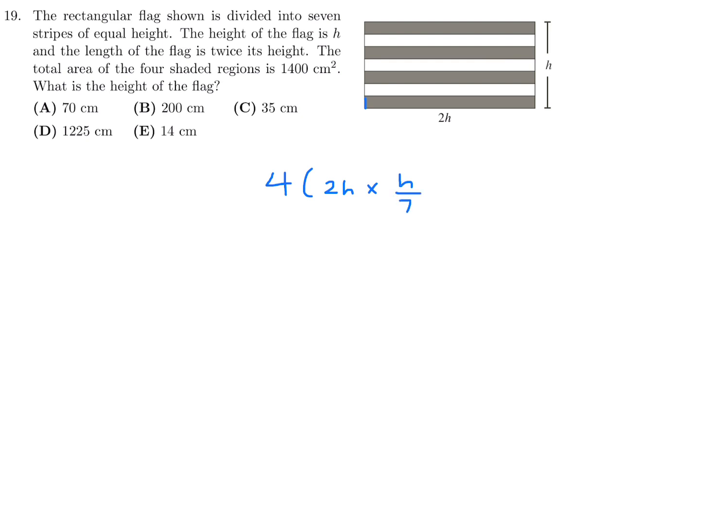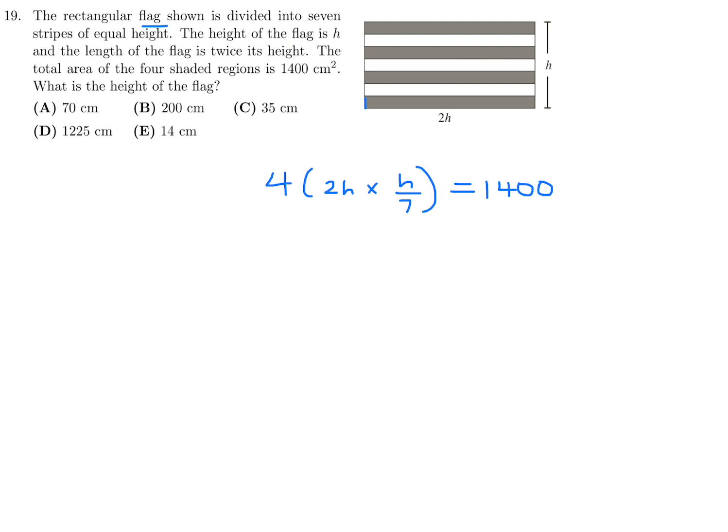Correct? Because they tell me that the flag is divided into 7 stripes of equal height. So that's very important. And they told me that is equal to 1400. This is the algebra we have to do to figure out the value of h.